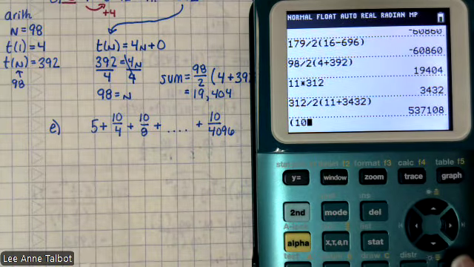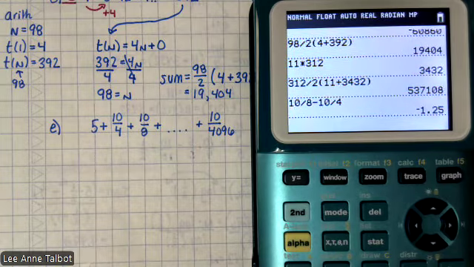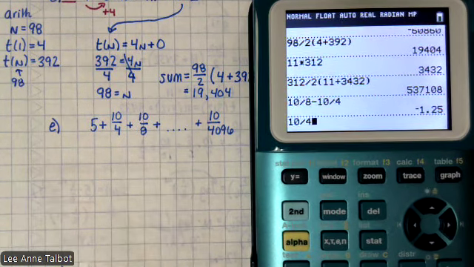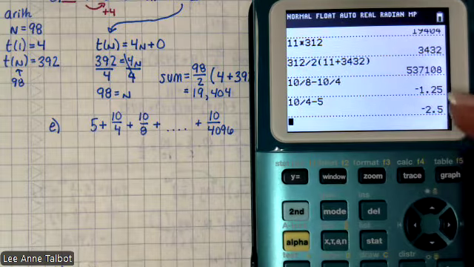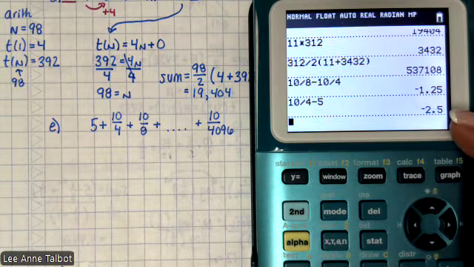What I would do would be I would go 10/8 minus 10/4, and then I would go 10/4 minus 5. Are those two the same distance apart? No. Okay, so it can't be arithmetic. Okay, so it has to be geometric.